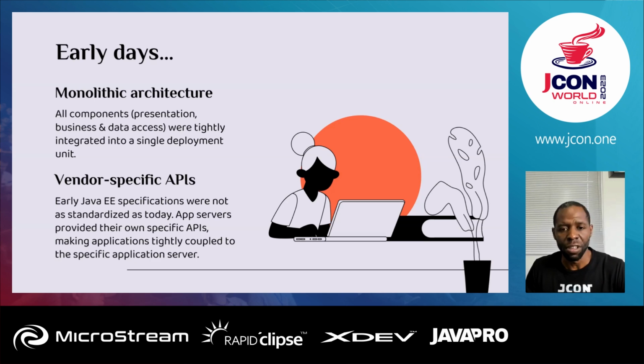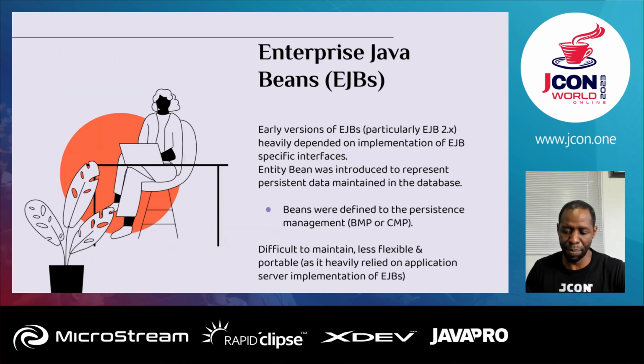The typical example was EJBs. EJBs heavily relied on interfaces like your EJB home, your EJB remote, and your entity bean.